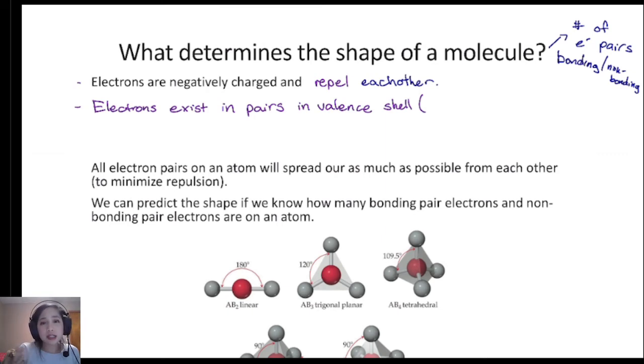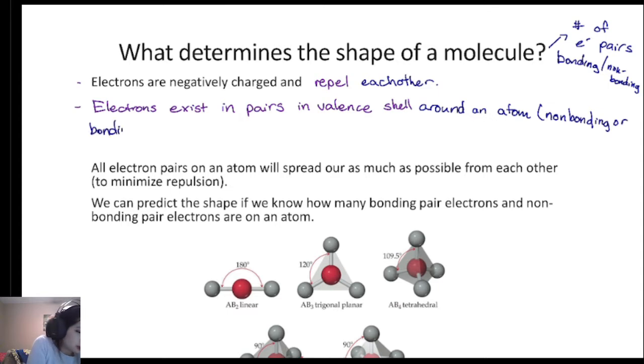And since these electrons exist in pairs in a valence shell around an atom, and again, they could either be non-bonding or bonding, the pairs will tend to repel one another.